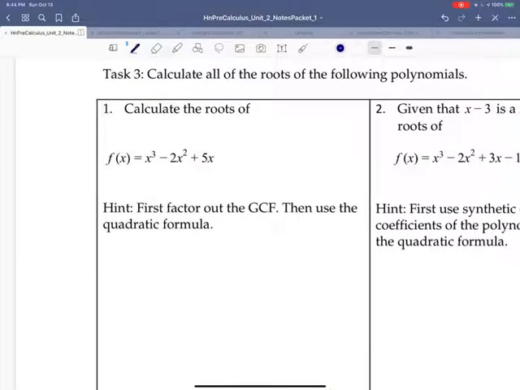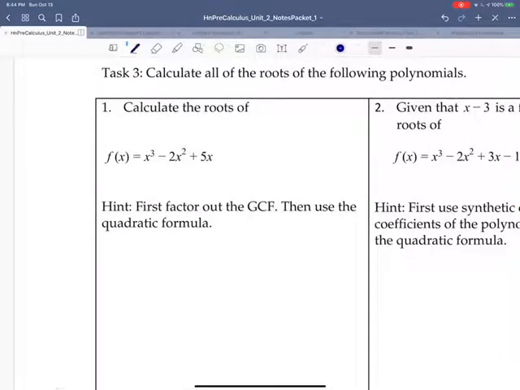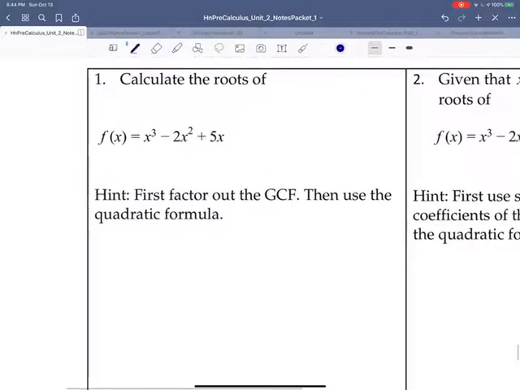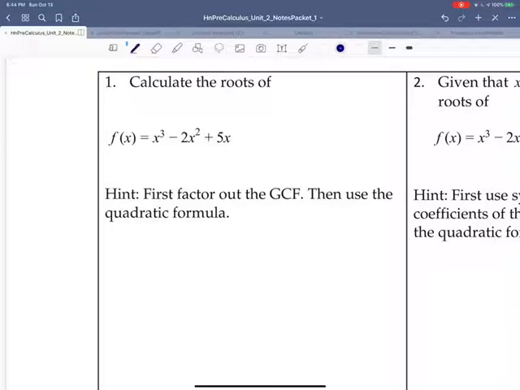So now let's calculate all the roots of the following polynomials to see how this plays out. First we're going to factor out the GCF. So we get f of x equals x multiplied by x squared minus 2x plus 5.